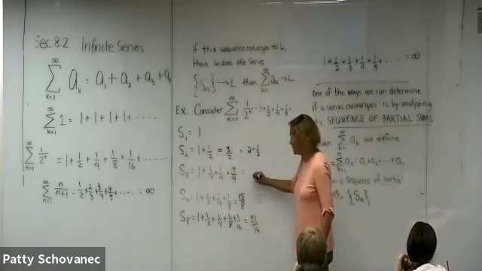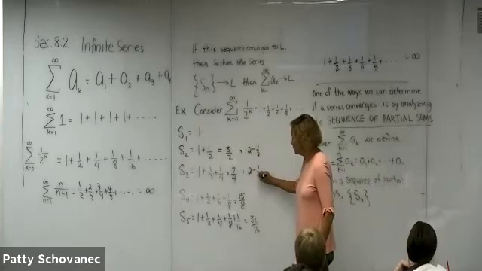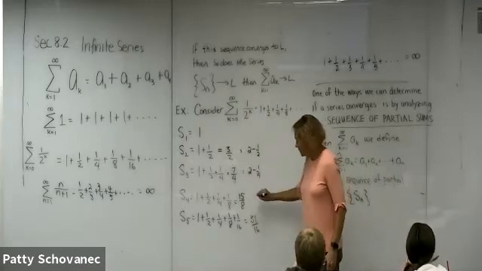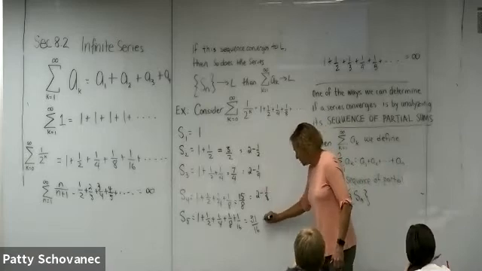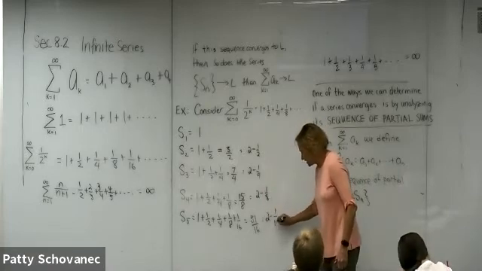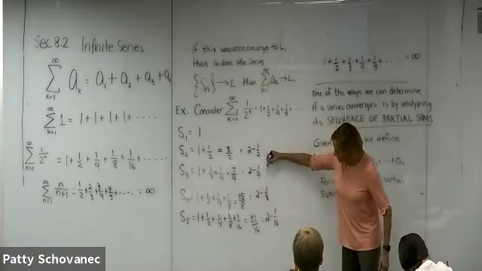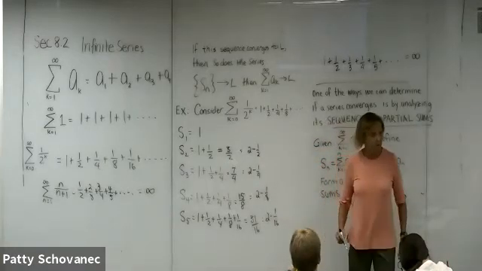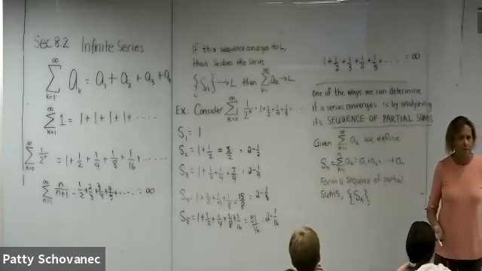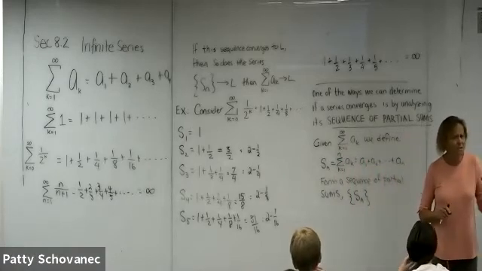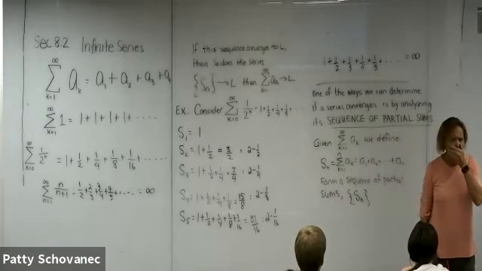And this number here is 2 minus 1/4. And this one is 2 minus 1/8. And this is 2 minus 1 over 16. These numbers now I can predict. Like what if I'm at the 10th sum? What would the 10th sum add up to?